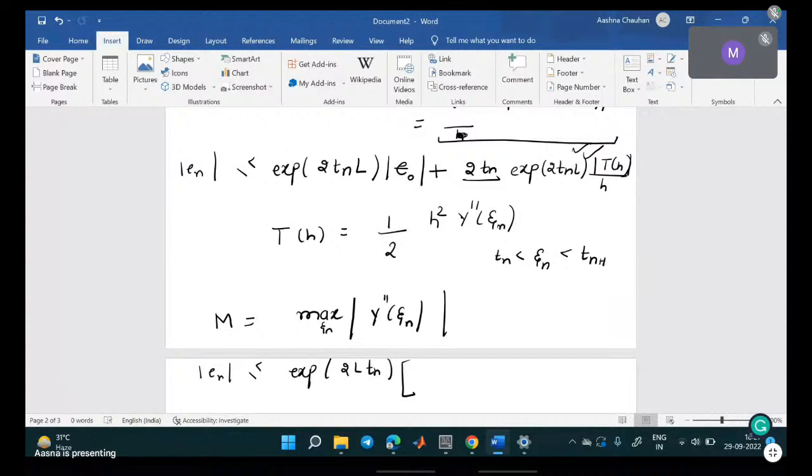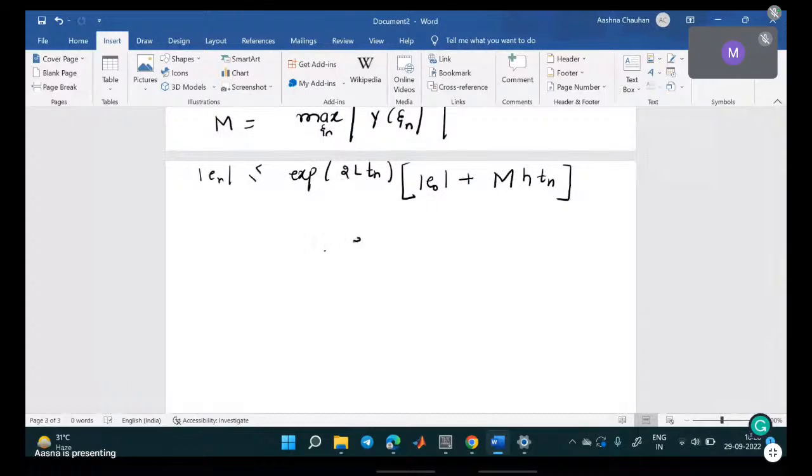I have taken this as common, mod E naught plus capital M h Tn, because there is also h in the denominator. So this h and this h will cancel out, so only one h is remaining, and M is the bound of this y double dash of epsilon, and this 2 is cancelled out with this 2, into Tn, right?